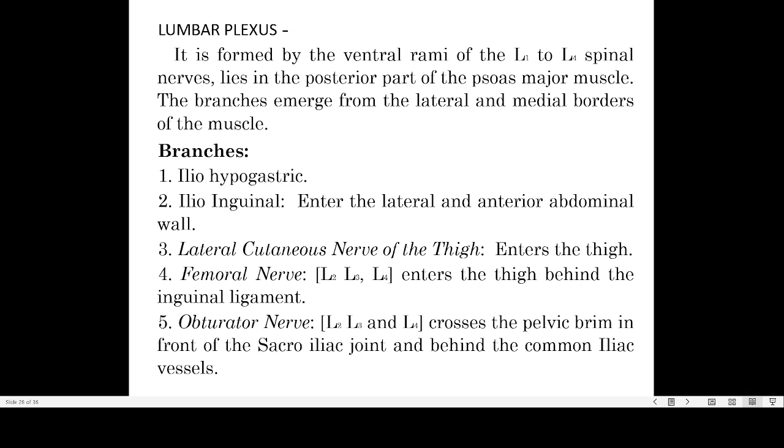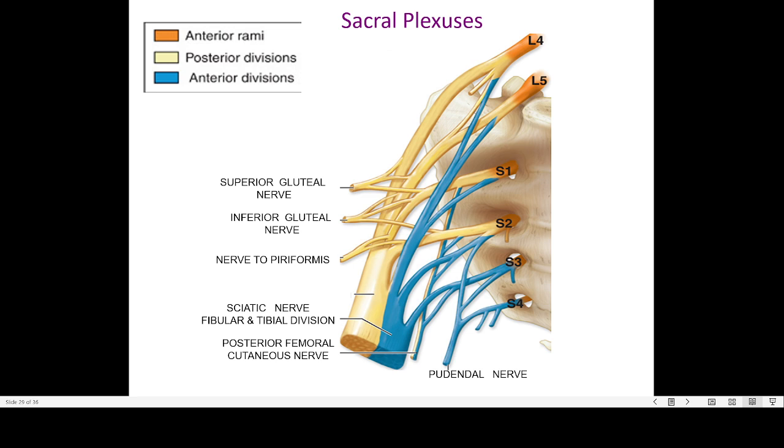The next important one is the sacral plexus. Generally we may call it clinically the lumbosacral plexus, because the sacral plexus is usually formed by the union of L4 and L5, that is the lumbosacral trunk.